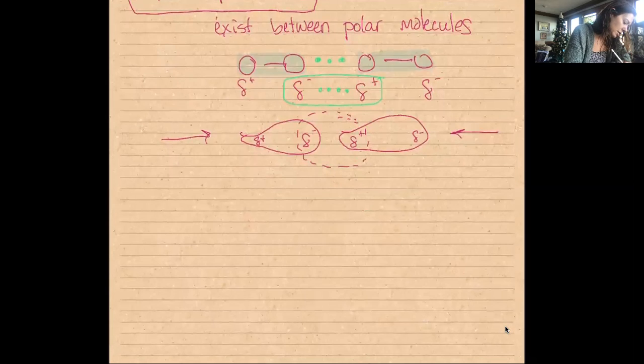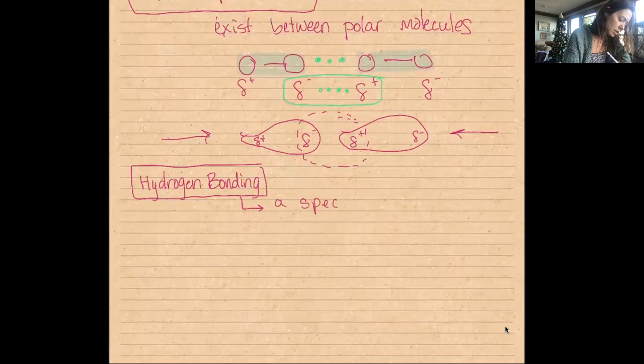And then our last type is something called hydrogen bonding. It is not a bond. It was originally thought to be a bond, but it is not. It is a force. It is a special type of dipole. All right.